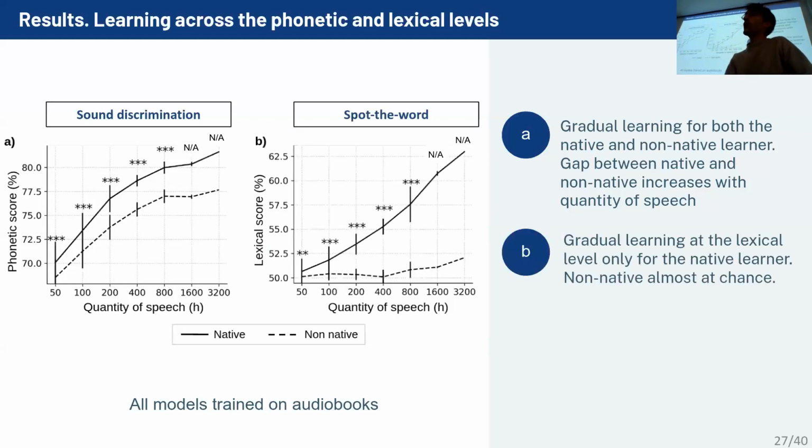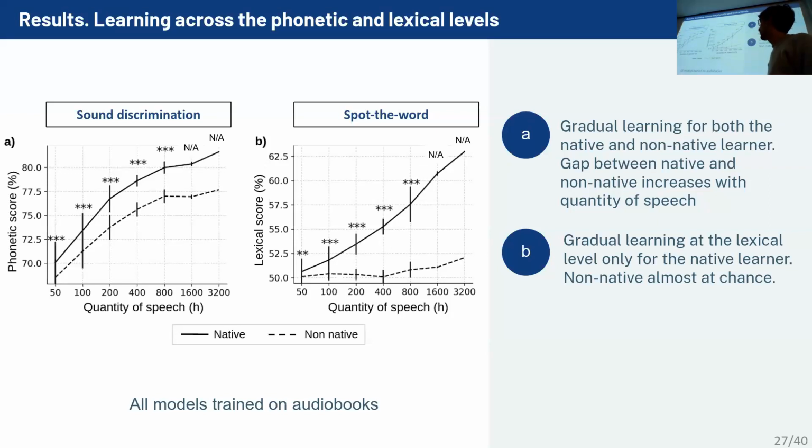So for the spot the word task, things are a bit different. We observe a performance improvement only in the native condition. The model becomes better at spotting the word with the quantity of speech. But in the non-native condition, the line is almost flat.